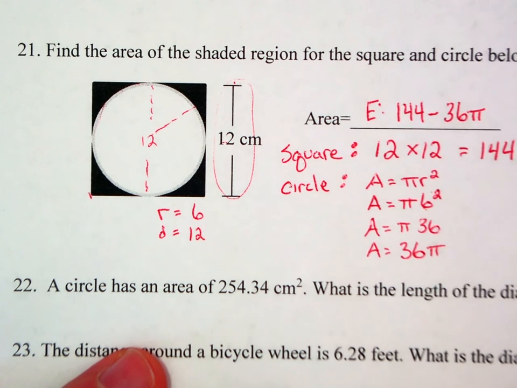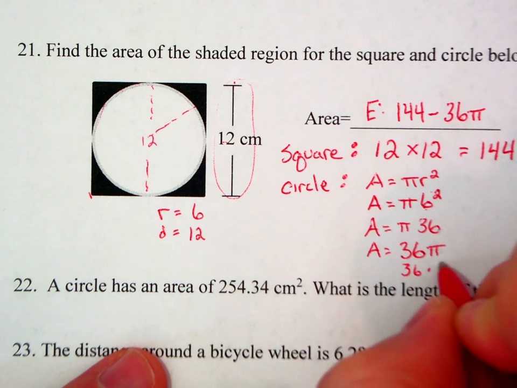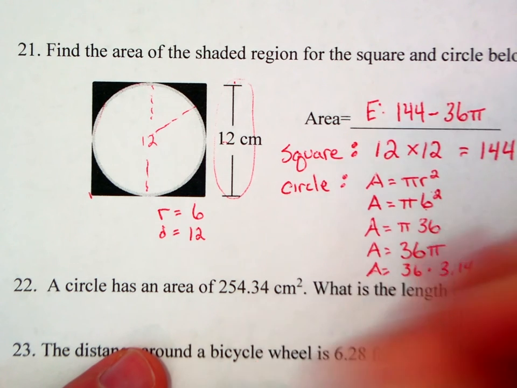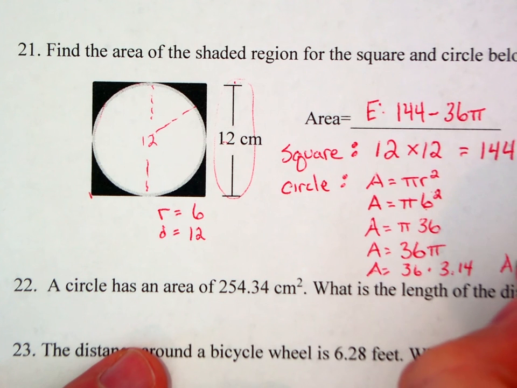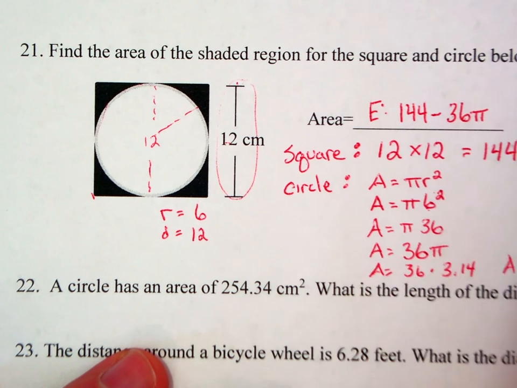My approximate solution then takes 36 and multiplies it by 3.14. And I find the area of the circle to be 113.04. So now I can simply take my approximate value and plug it in for my exact value of the circle.